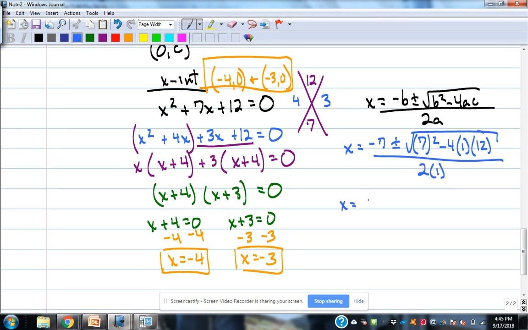So I'm working that out. -7 plus or minus the square root. 7 squared is 49. 4 times 1 is 4 times 12 is 48. So that's 49 minus 48, which is 1. So it simplifies out pretty nice on this one. What's the square root of 1? It's 1.